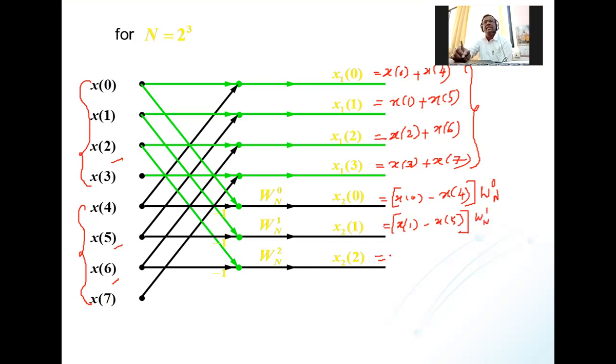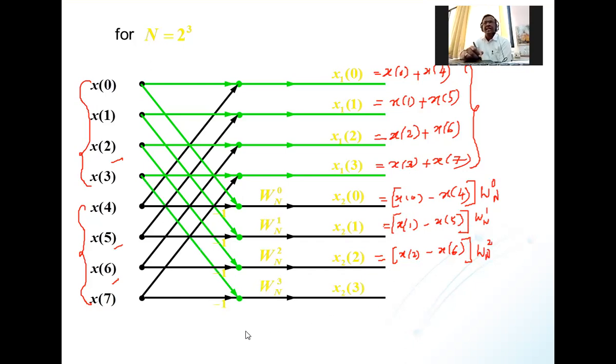Then this can be written as x of 2 minus x of 6 multiplied with wn to the power 2. And the last value we can calculate as x of 3 minus x of 7, multiplied with wn to the power 3.